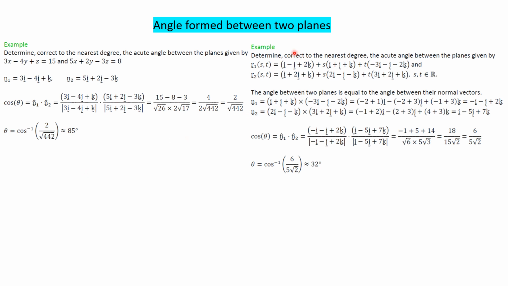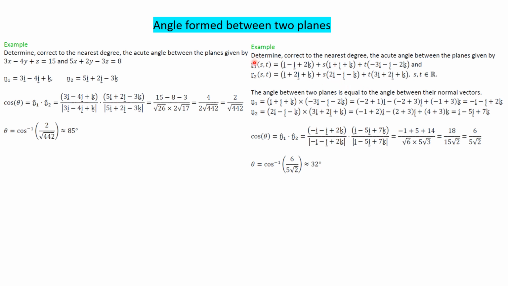For the second example, in this case you need to do a bit more work to find the normal vectors. You are given the vector equation of each plane. To work out a normal vector, you take the cross product between the two direction vectors.